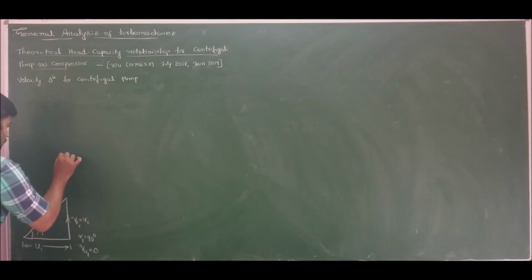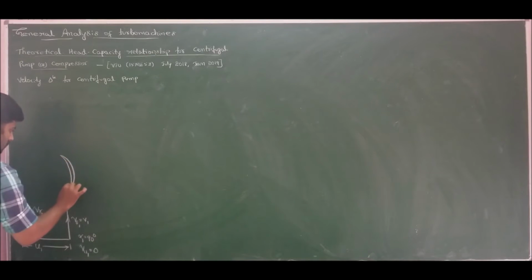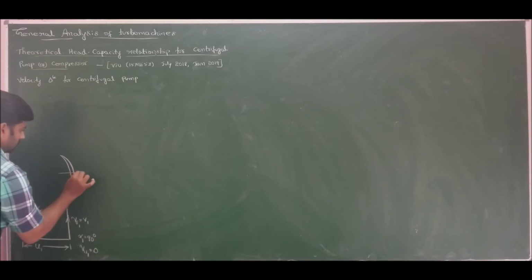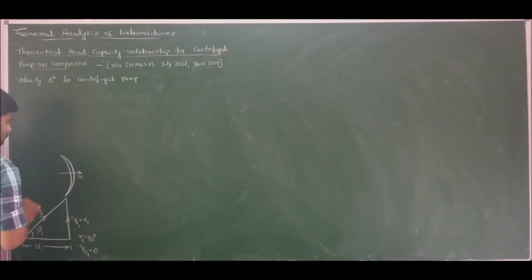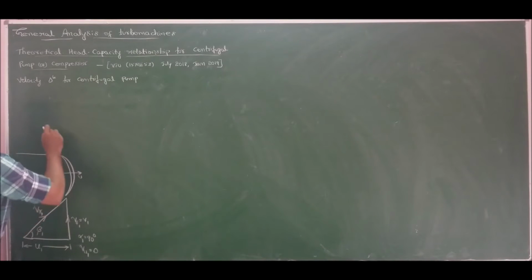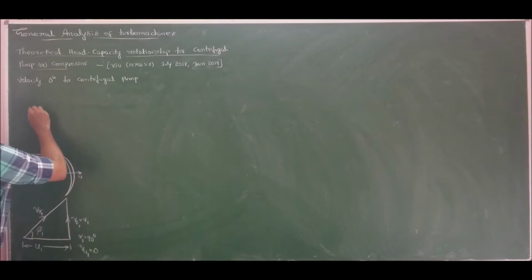If I have backward curved wing, that is, if the blade is curved opposite to the direction of rotation, then we term it as backward curved wing. For backward curved wing, if I draw the velocity triangle, I will get the velocity triangle at exit like this.